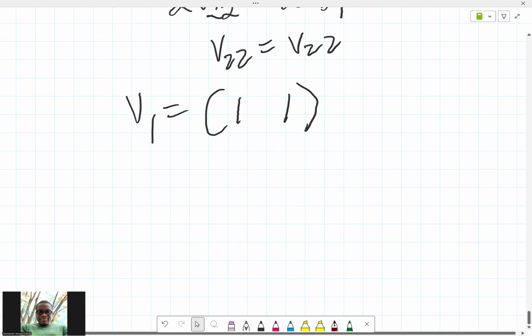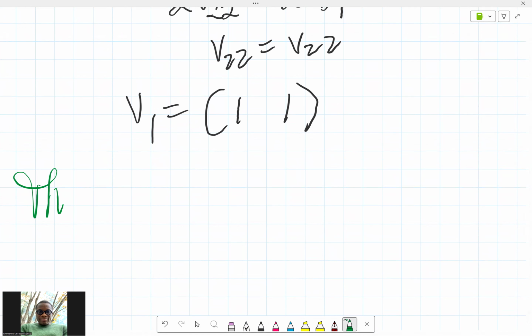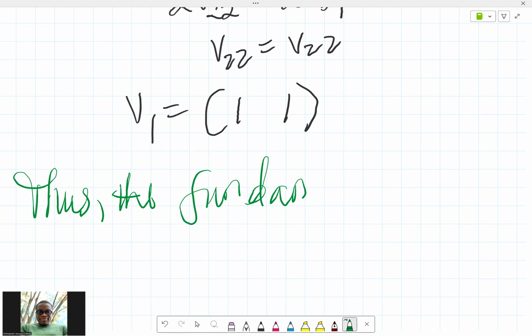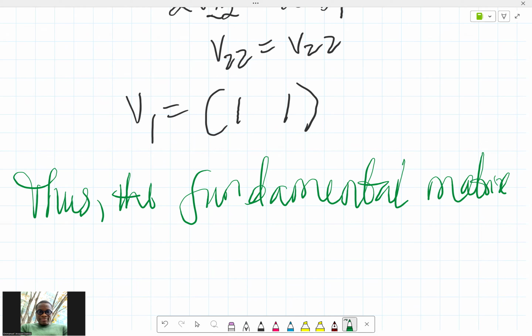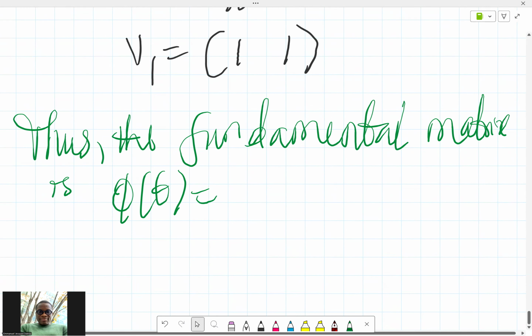So with this now, we can say that, thus, the fundamental matrix is phi of t, which is, so it's like we have 1, 0 for the first eigenvalue.